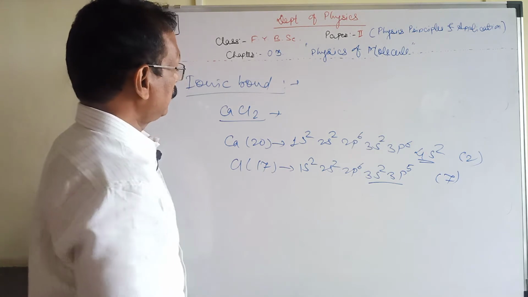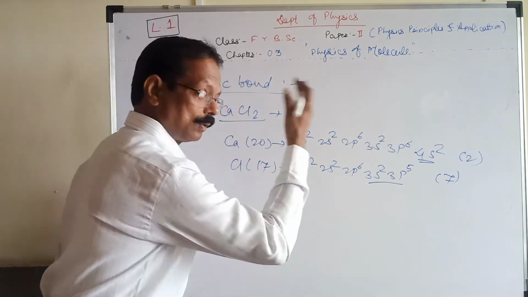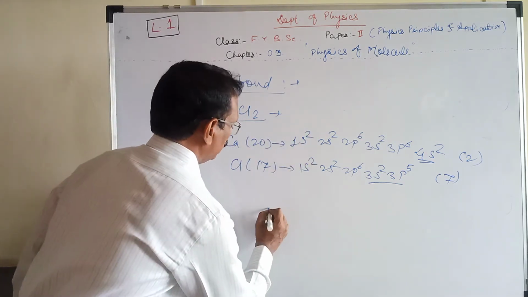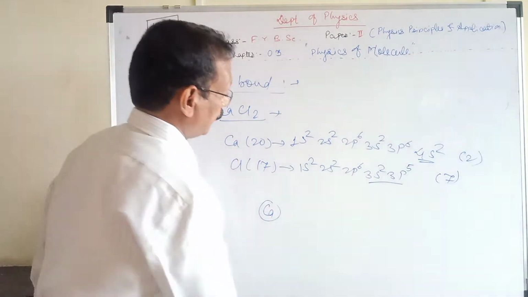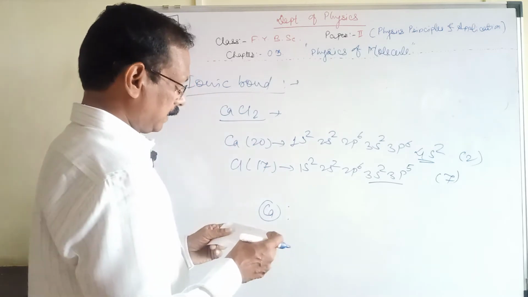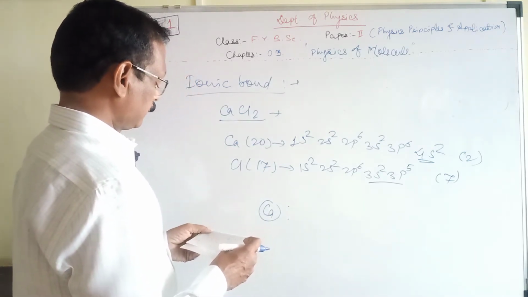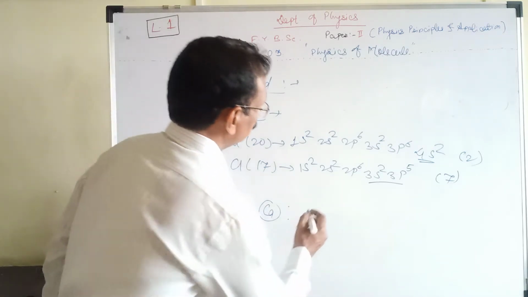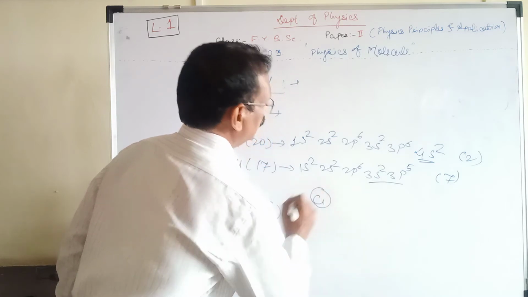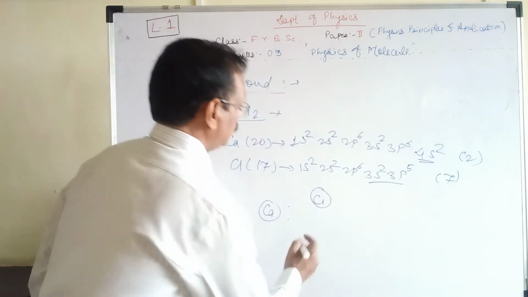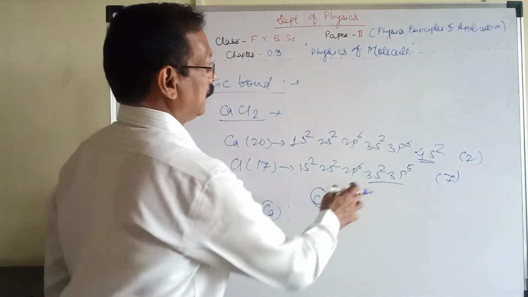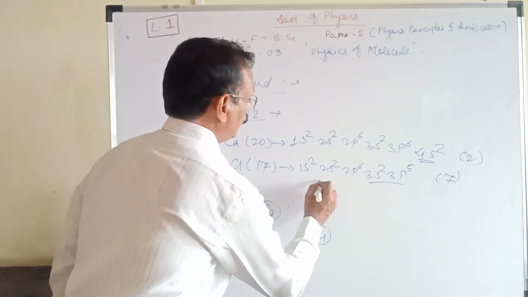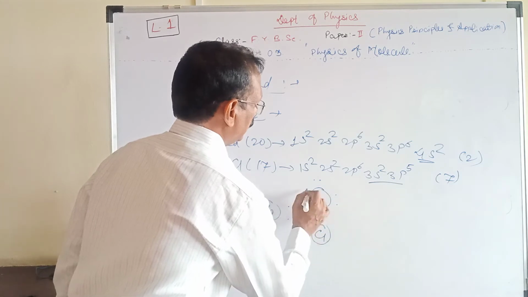Now what happens here? For CaCl2, without drawing a big figure, we can draw this figure for Ca. How many electrons are there in the outermost orbit? There are 2 electrons in the outermost orbit. And in the case of Cl, this is one Cl and another is the other Cl. In each Cl there are 7 electrons, 1, 2, 3, 4, 5, 6 and 7.